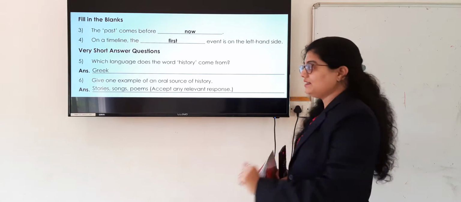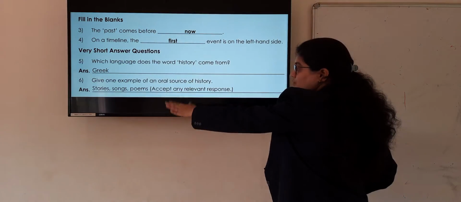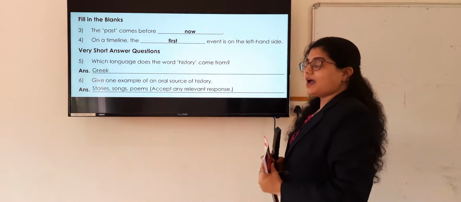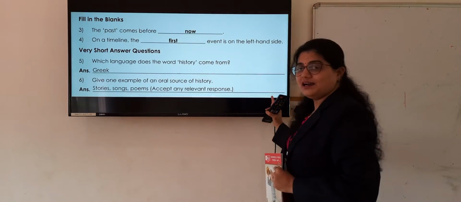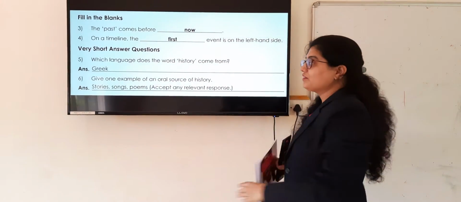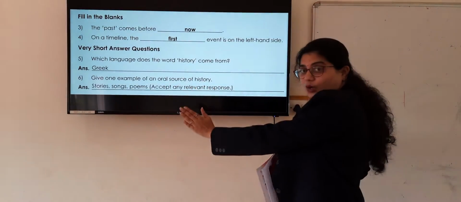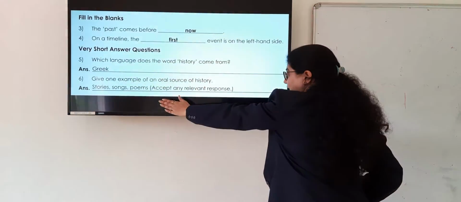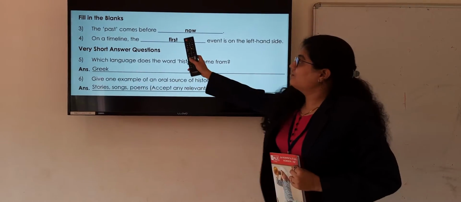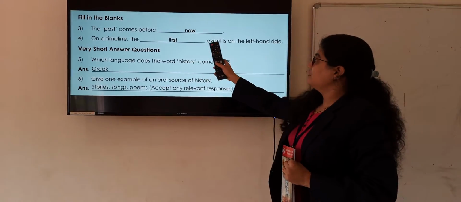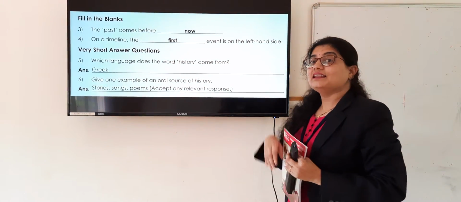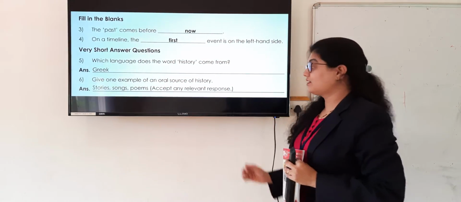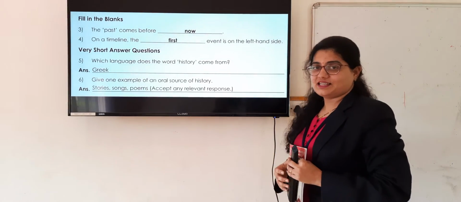On the timeline, the old event comes to the left hand side and the later event comes on the right hand side. The past events that are old come to the left hand side, means the first events are on the left hand side, and the later or latest event comes on the right hand side.